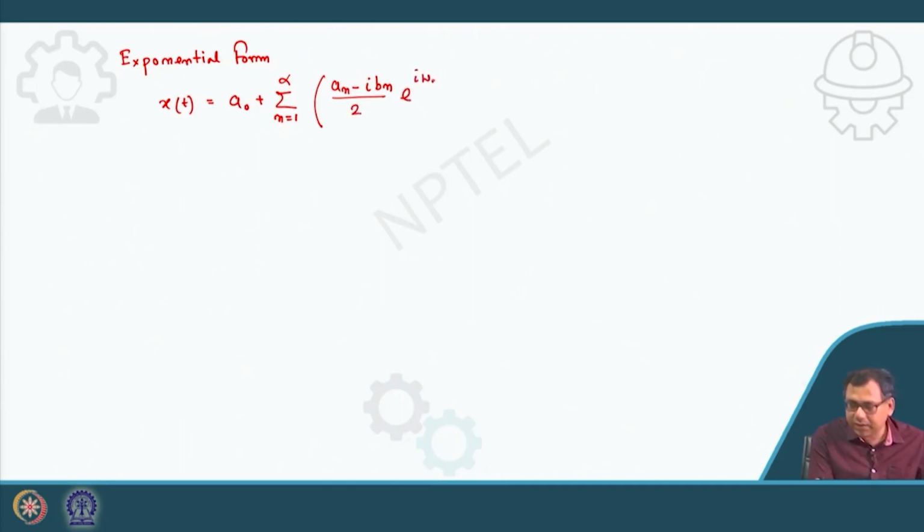So in exponential form, this variable can be expressed by a0 plus summation of n equal to 1 to infinity, (an minus ibn) divided by 2 times e to the power i omega nt, plus (an plus ibn) divided by 2 times e to the power minus i omega nt.